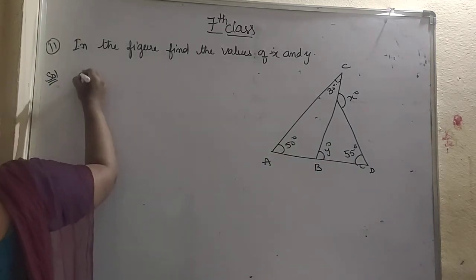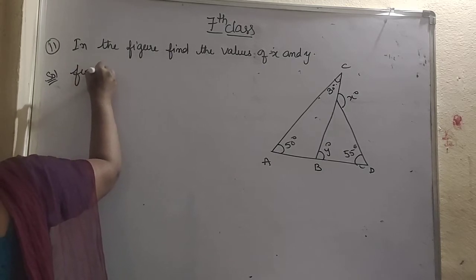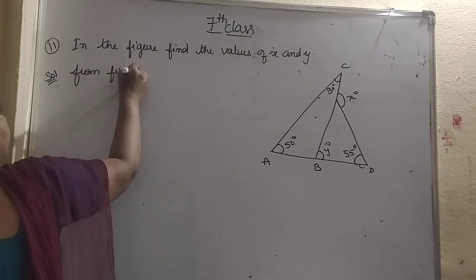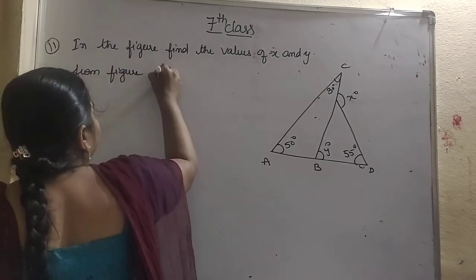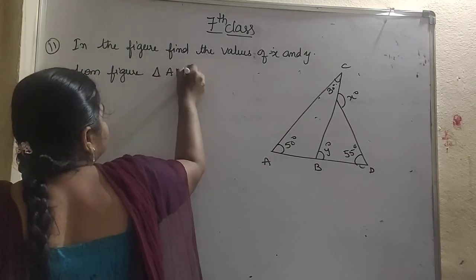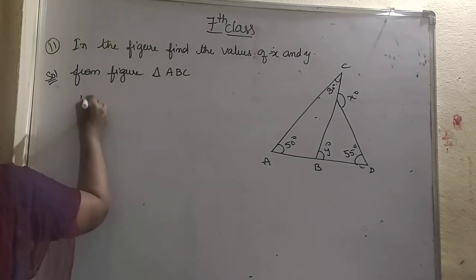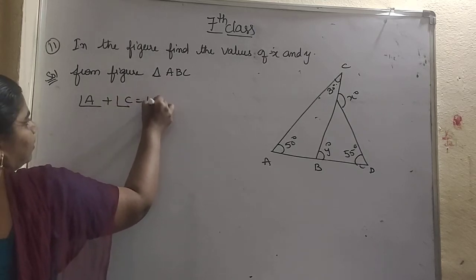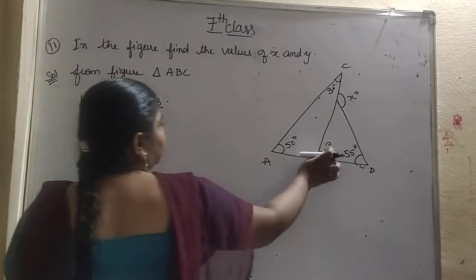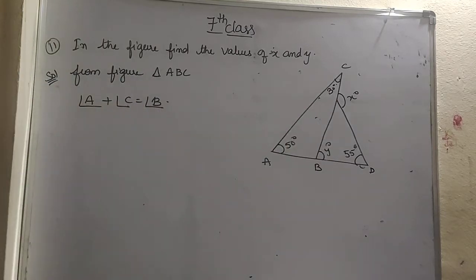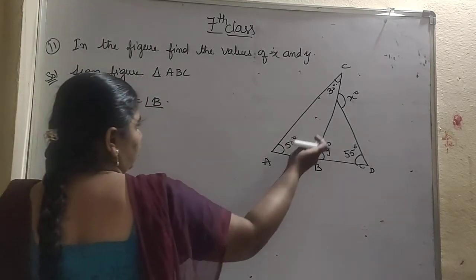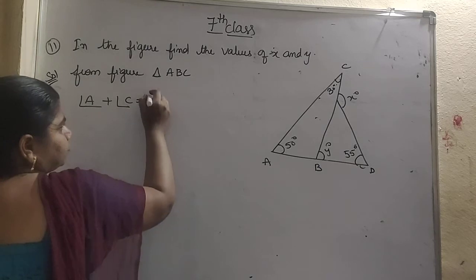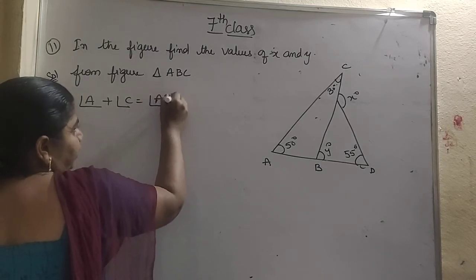So we can write here from figure, triangle ABC. So your angle A plus angle C will be equals to angle B. Angle B is nothing but the exterior part of angle B. You can write in the form of CBD also.